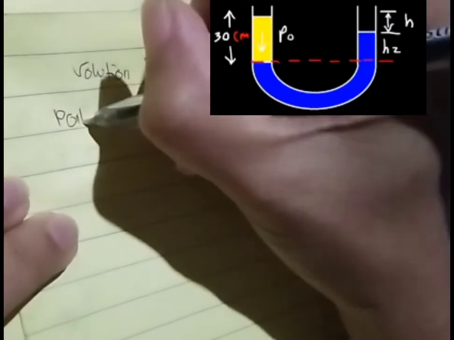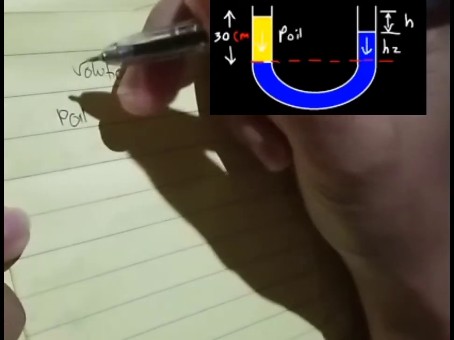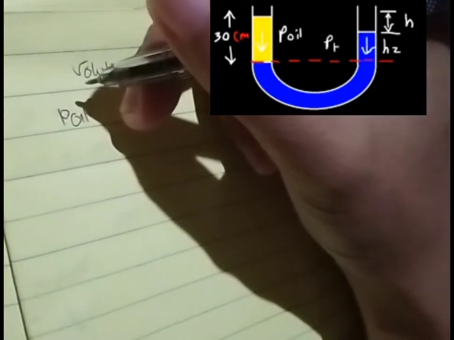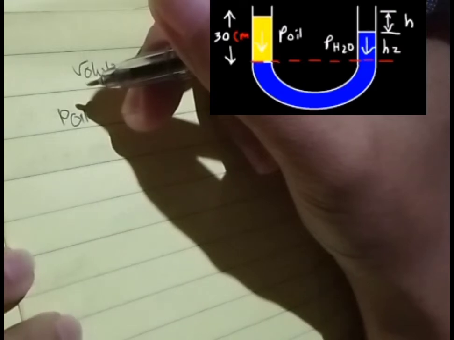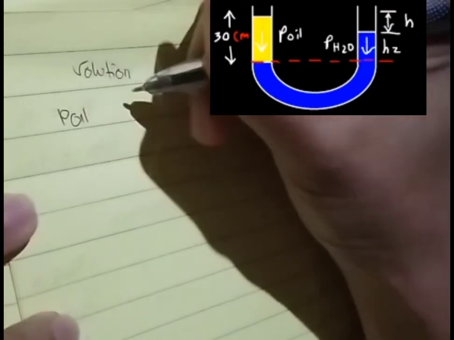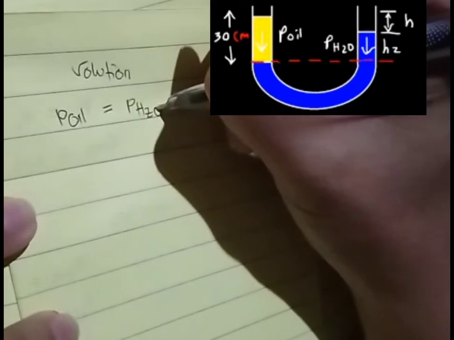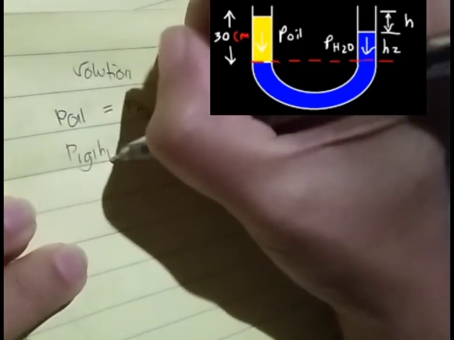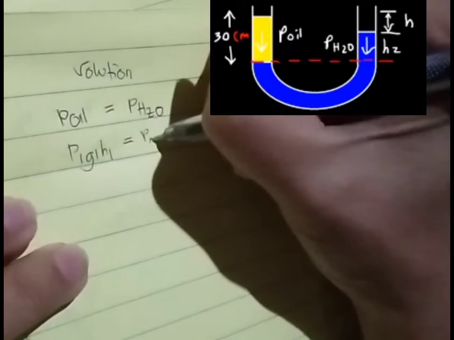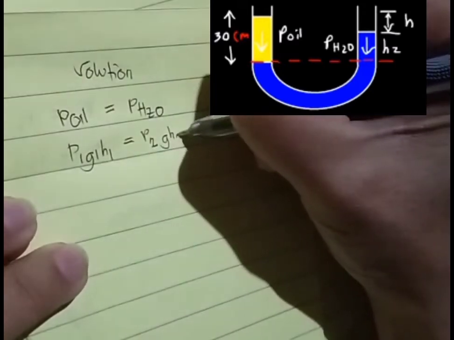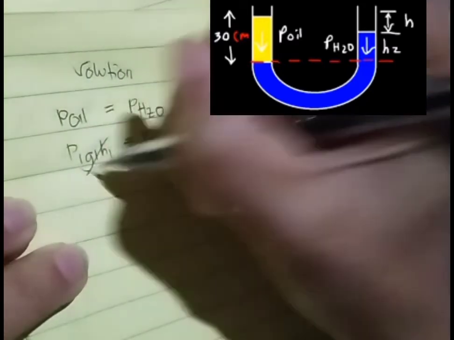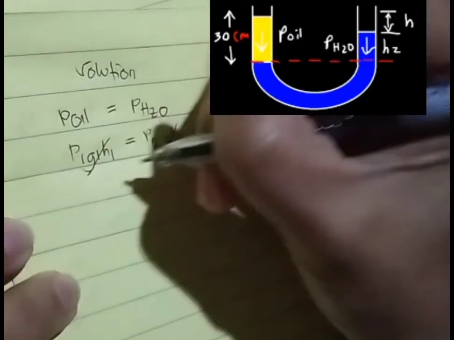Now, let's establish a reference level. Let's call H2 the height of the water above the reference level. Just like before, the pressure of the oil exerted on the left side has to equal the pressure of the water exerted on the right side, for the portion above the reference level.